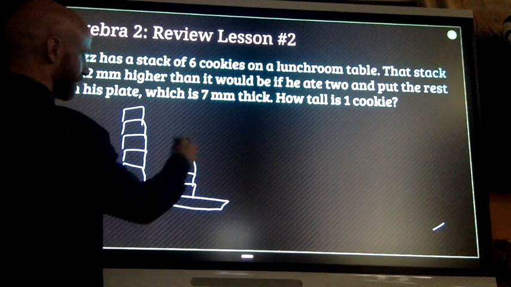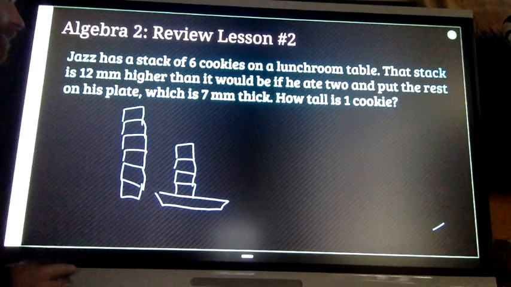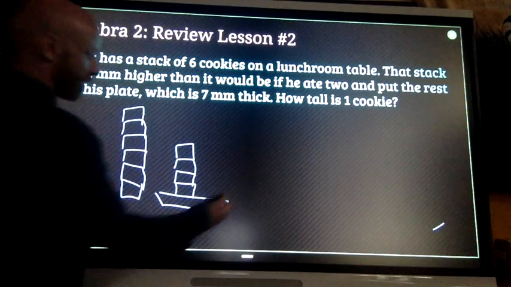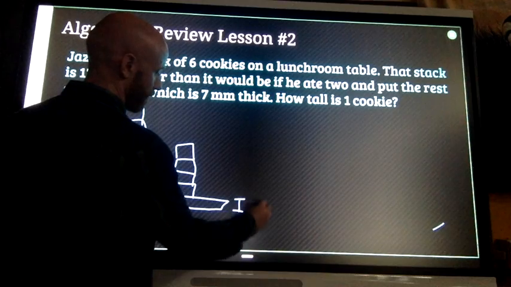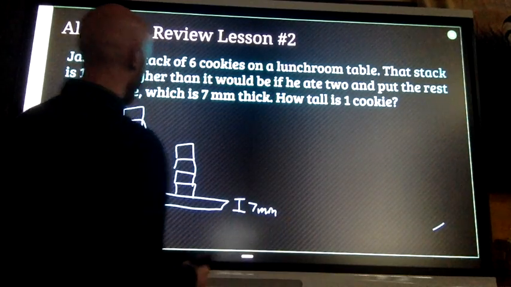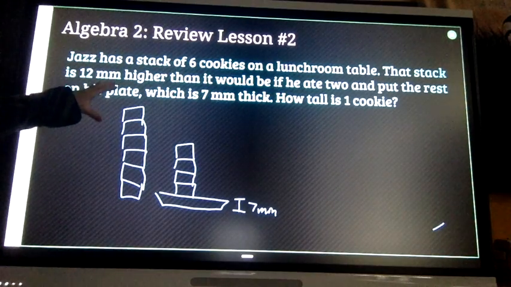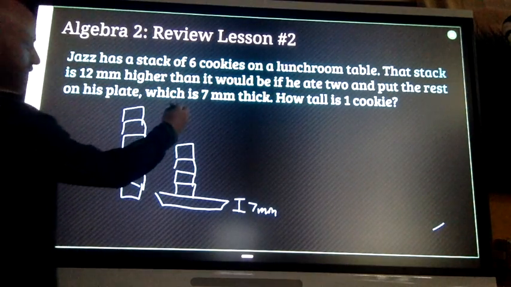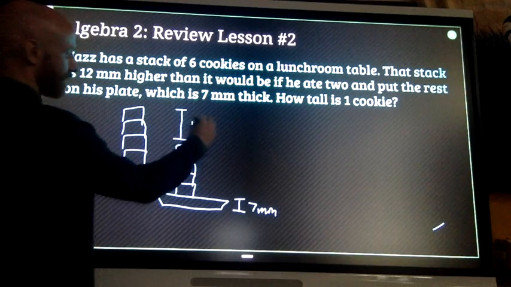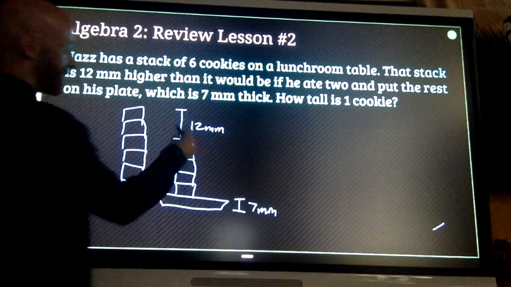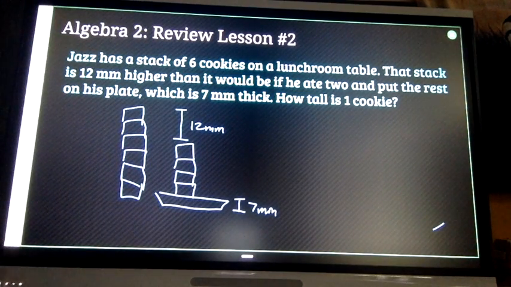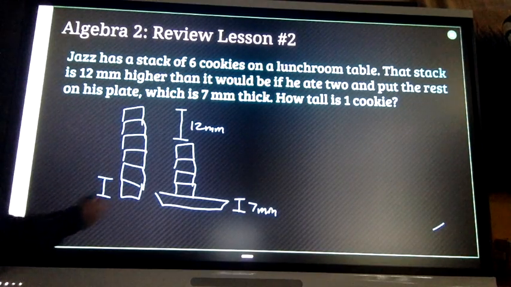That's 4 cookies left on top of the plate. The plate is 7 millimeters thick. And back to the beginning, 6 cookies is 12 millimeters taller than this other stack.